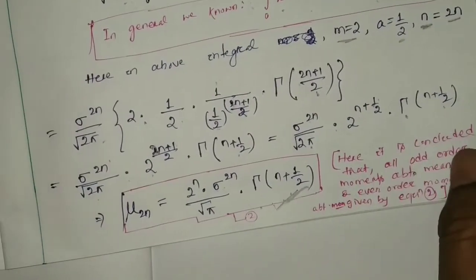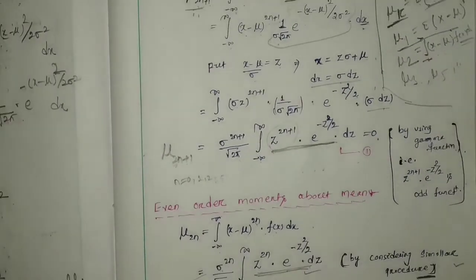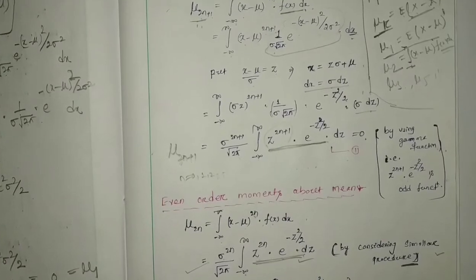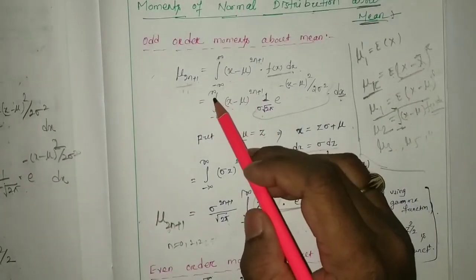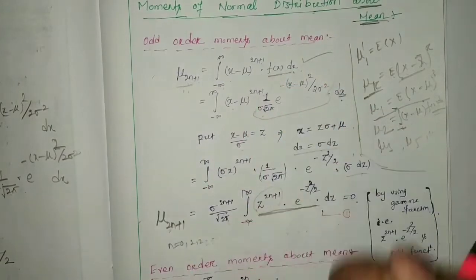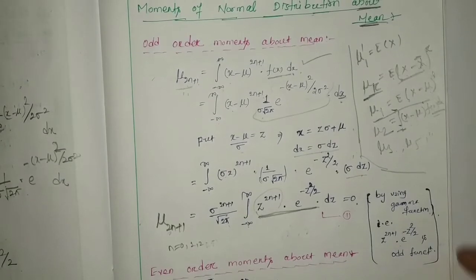Okay, so here in this method we used this method, by considering this one integration minus 1 to 1, in this way we found the moments about the mean.